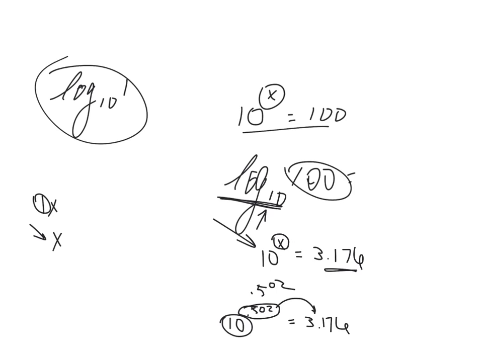So I may say, what is the log, like that. There's an assumed 10 down there, but we don't write it because it's assumed. When you don't see one down there on a log, you know it's always going to be a 10 because our number system is based on base 10. So we don't put the 10 down there.